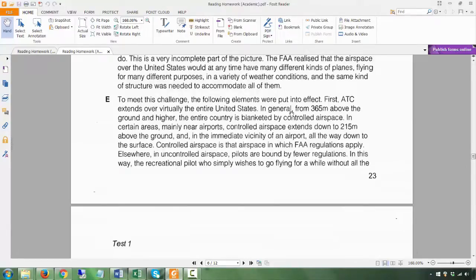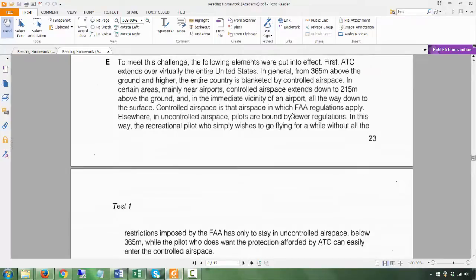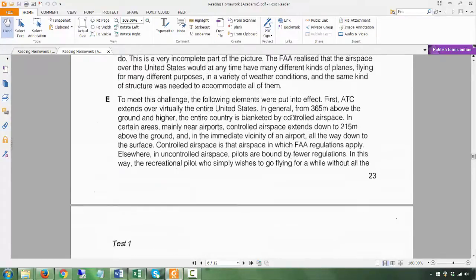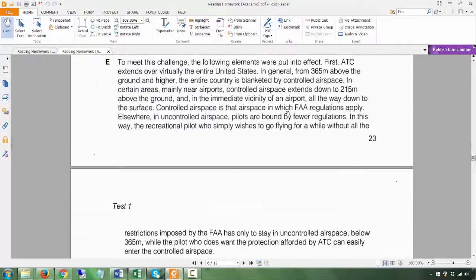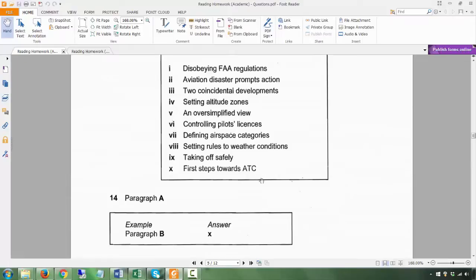Okay, so you can see that they are creating zones. In this area above this height, this is this zone, that zone, controlled, uncontrolled, etc. Okay, so that is basically setting rules and regulations regarding the zones according to different altitude, right?